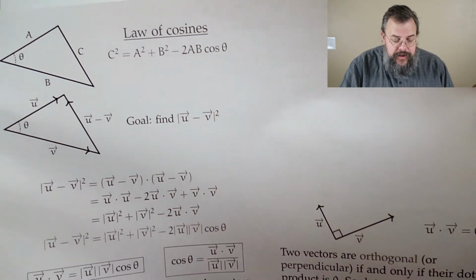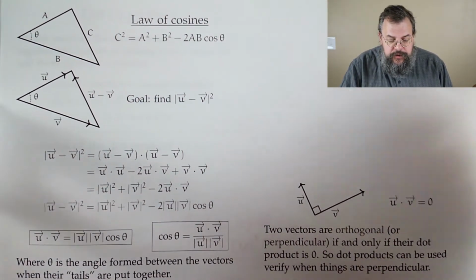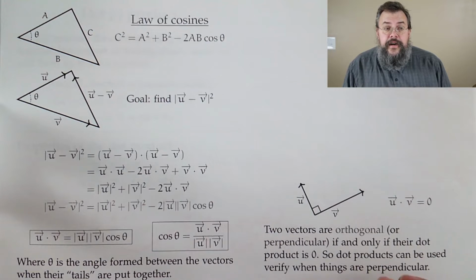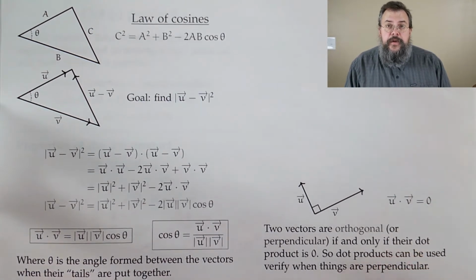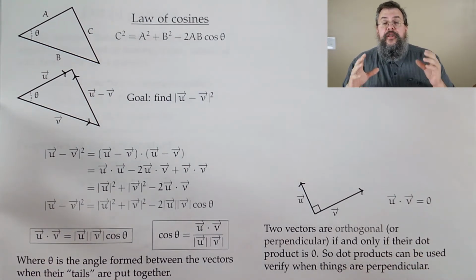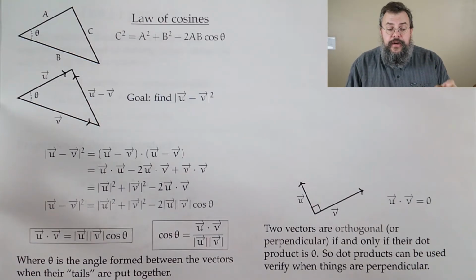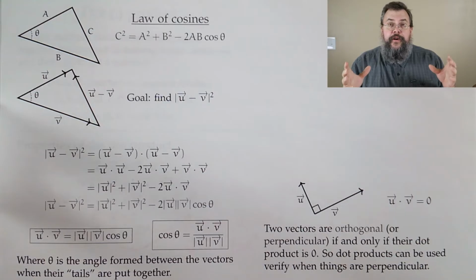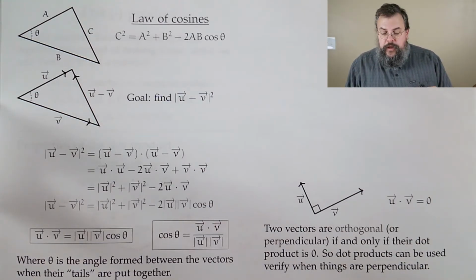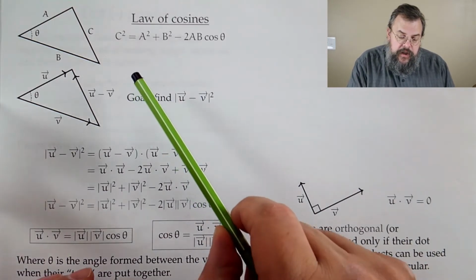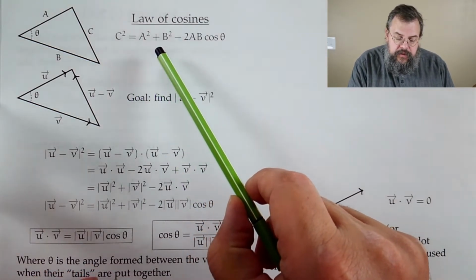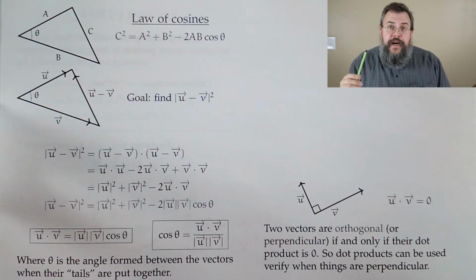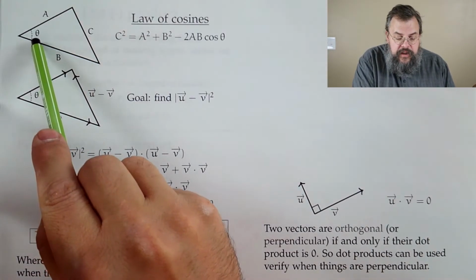So here we go. We're going to start with a little reminder from trig. It's called the law of cosines. If you don't remember the law of cosines, think of it as the Pythagorean theorem for triangles which aren't right triangles. What does the Pythagorean theorem say? It says a squared plus b squared equals c squared. The law of cosines says it's almost always the case that a squared plus b squared equals c squared for any triangle, but you have to do a correction, depending on what the angle is.